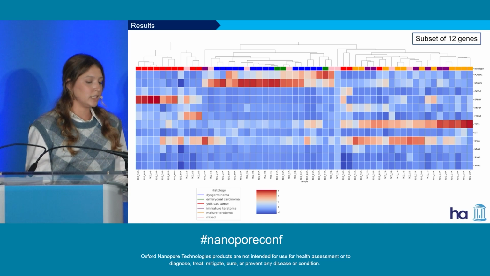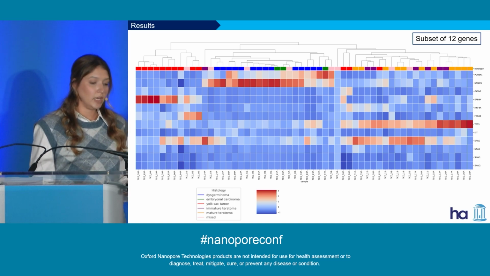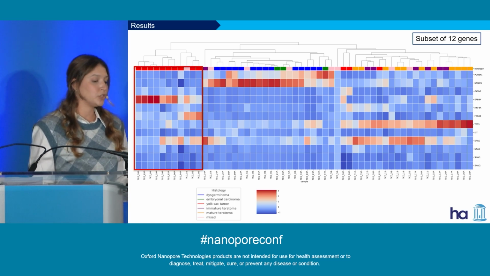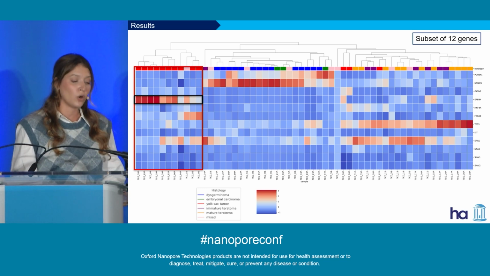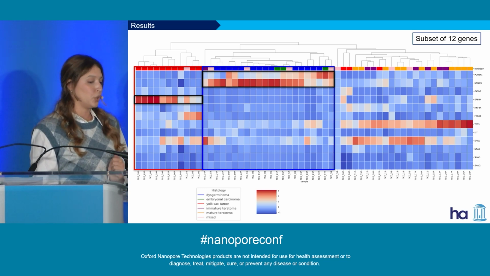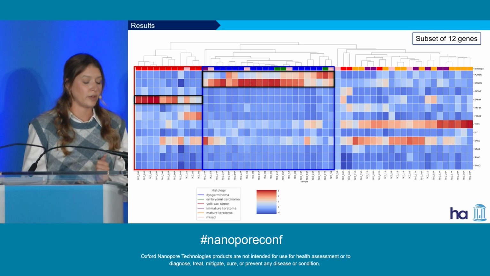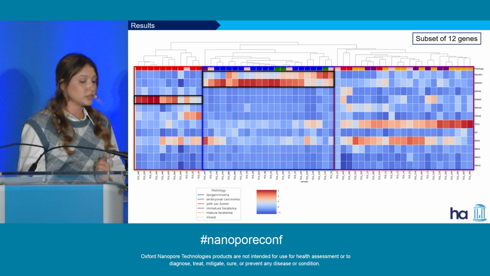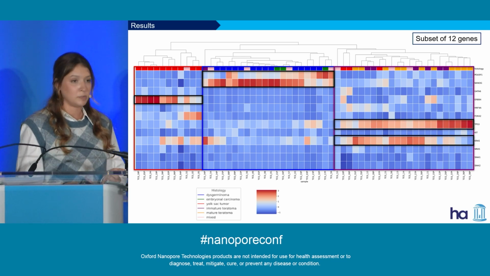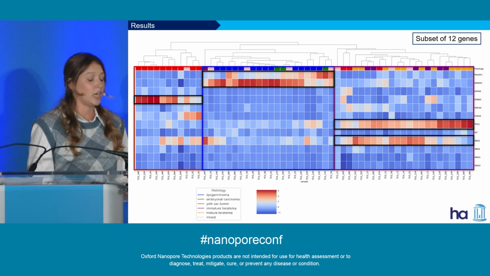We also did this heat map to show the expression profiles. The yolk sacs had a higher expression of RBP4. Dysgerminomas showed a higher expression of POU5F1 and NOG as expected. And the teratomas cluster had a higher expression of TP53 and KRAS.